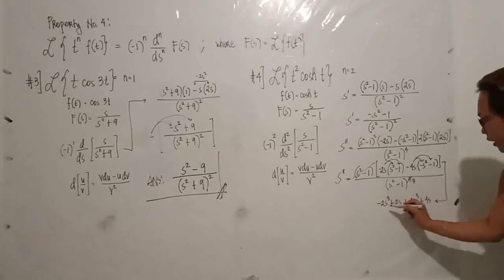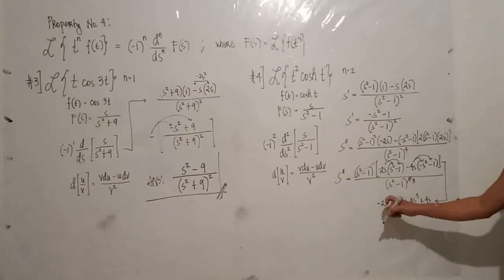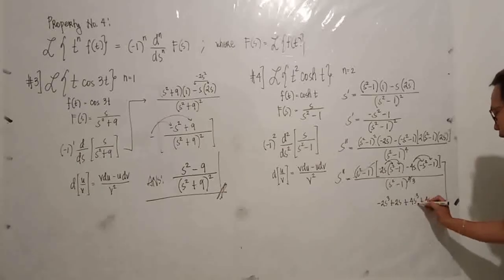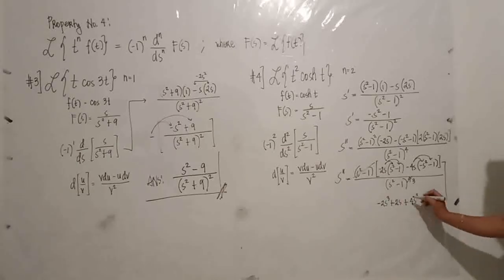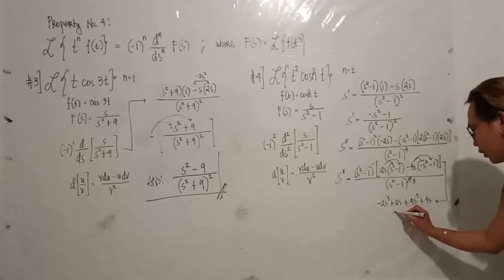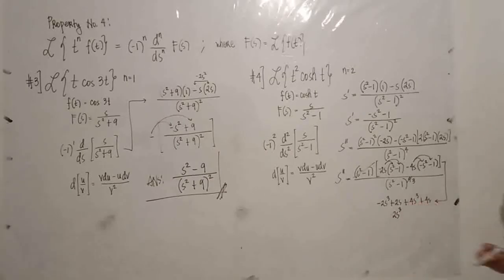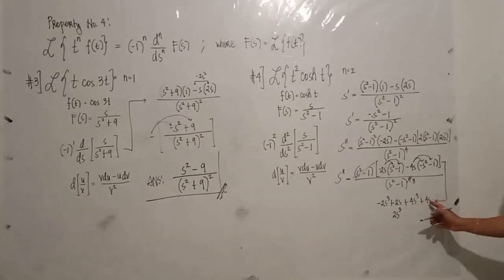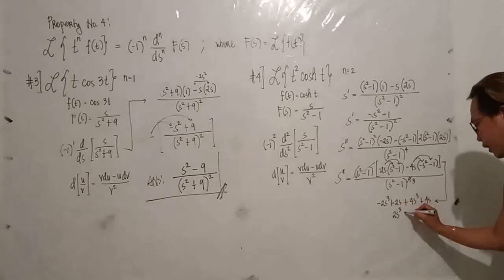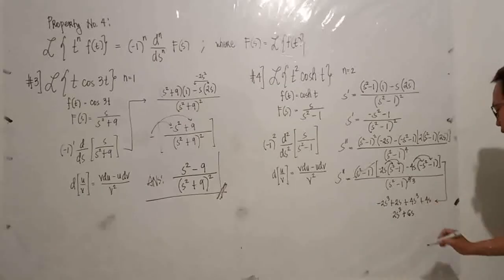Then simplifying again this, pagsasamahin yung like terms, so you will have 4s cubed minus 2s cubed, that is 2s cubed. Then 4s plus 2s, so that is plus 6s. Now this is your numerator.